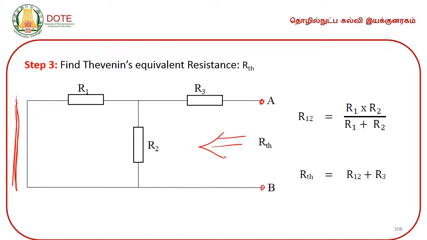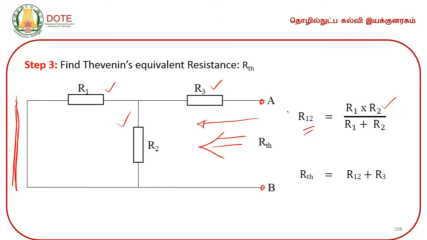So, we should start calculating the resistance from this end towards this short. Whenever you calculate this, R1 and R2 are parallel, which is represented as R12, which is reduced to R1 into R2 divided by R1 plus R2.